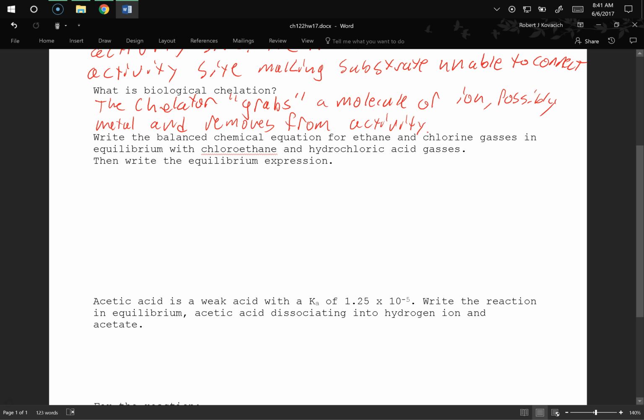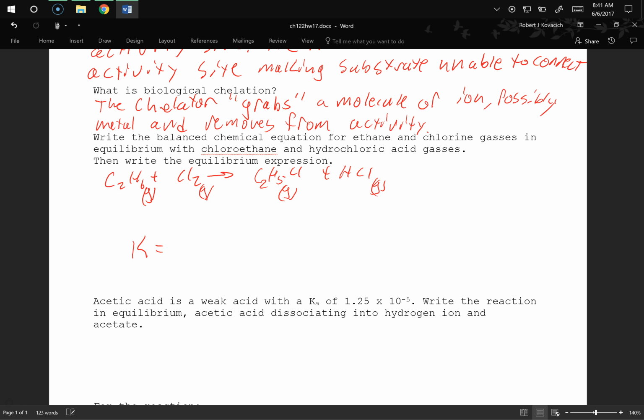Write the balanced chemical equation for chlorine gas and ethane. All right, so C2H6 plus Cl2, and we're making chloroethane, so C2H5Cl plus HCl. Gas, gas, gas, gas. And then write the equilibrium expression.